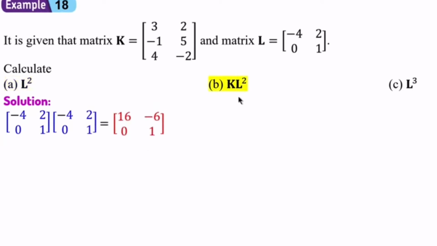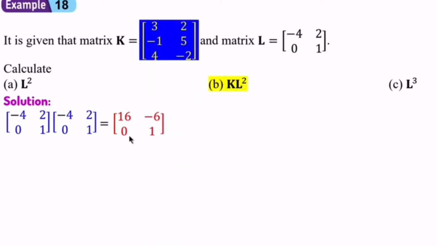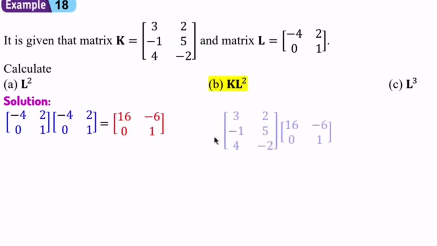Okay, so now for B, we are going to multiply K with the L squared. So let's copy down the K and the L square. So we are going to multiply them, follow the order of the row and column.